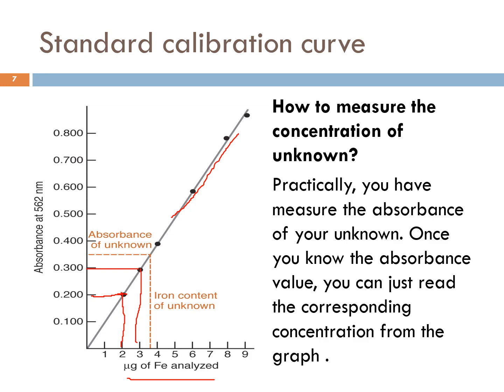Contohnya absorbance dia dekat 0.35, and then sebab dah ada straight line macam ni, you pun just extrapolate ni, then go down, and then you akan tahu, okay, your unknown sample from the river, dia punya concentration adalah about 3.7 microgram of ferrum. So this is the standard calibration curve. We must use a set of standard with known concentration. Macam mana nak dapatkan standard ferrum ni? Kita boleh dapat beli secara komersial.